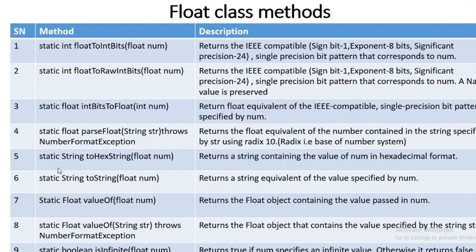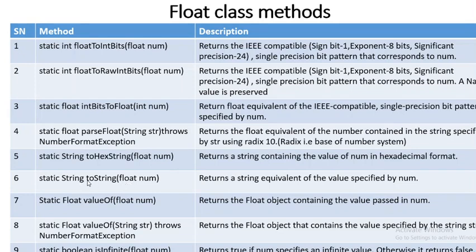Next, return type is string, to hex string in bracket float num. What it means? Returns a string containing the value of num in hexadecimal format. So whatever the number you are giving as an argument, this number will be converted into hexadecimal and it will be given as a string as a result.